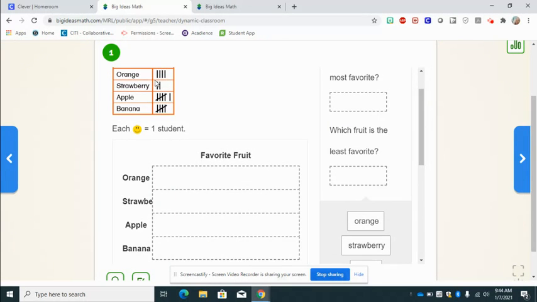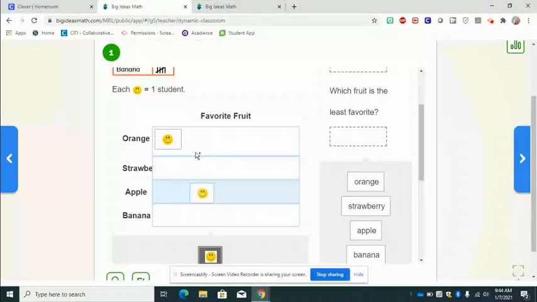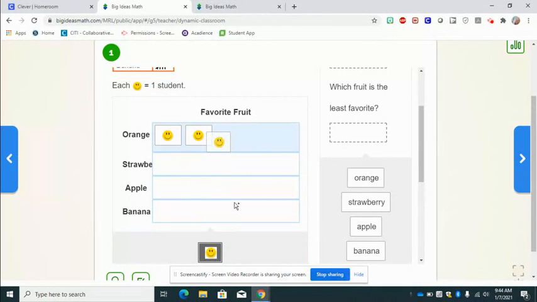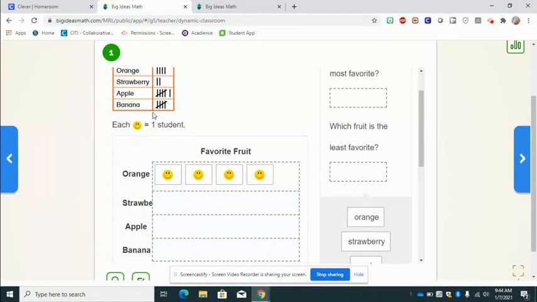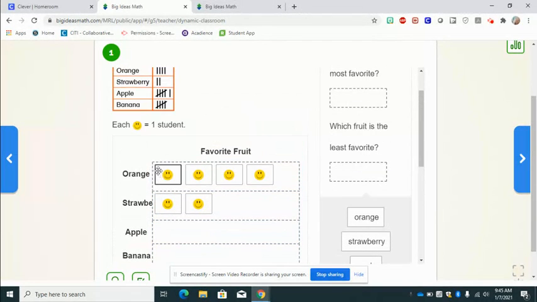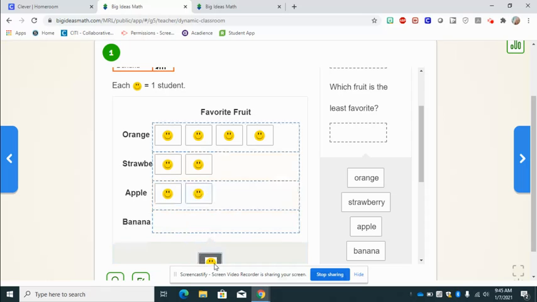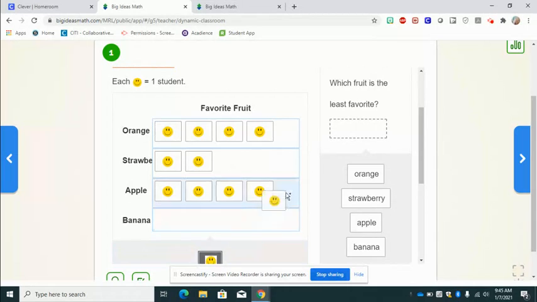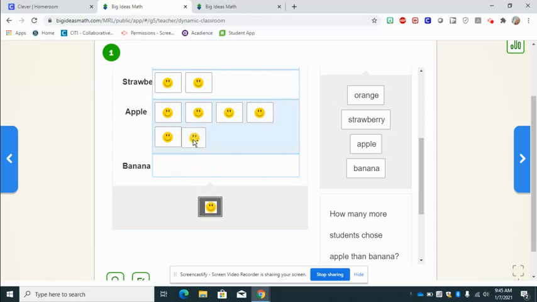We're going to start with orange, and 4 students chose orange, so we're going to make 4 smiley faces for orange. 1, 2, 3, 4. Okay, 2 students chose strawberry, so we're going to make 2 smiley faces for strawberry. 6 students chose apple, so we're going to make 6 smiley faces for apple. 1, 2, 3, 4, 5, 6.